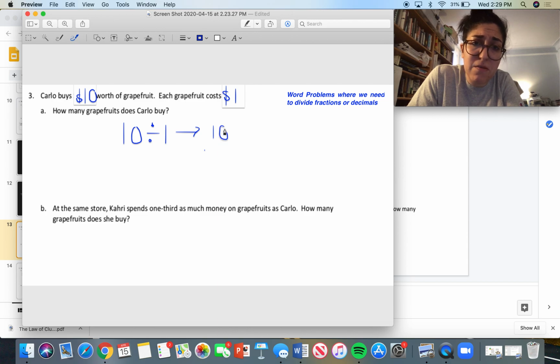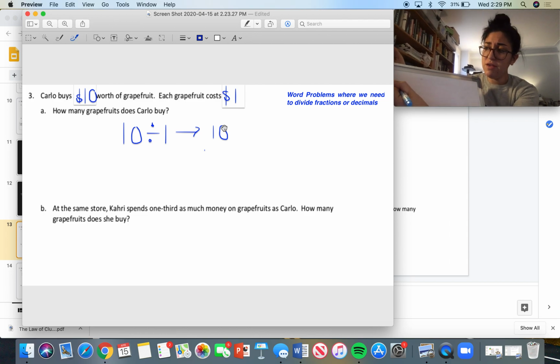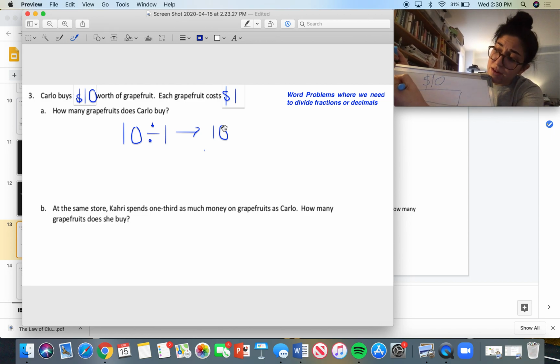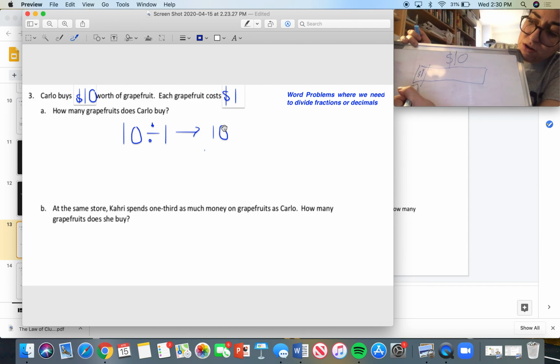If you would like to see that as a picture, he's starting with $10, right? And then if he bought one grapefruit, that would be $1. I'm going to say G for grapefruit. Let's see, can you see that? One grapefruit is $1, right? Here's another one. $1, $1, $1, right? Because each grapefruit is $1.